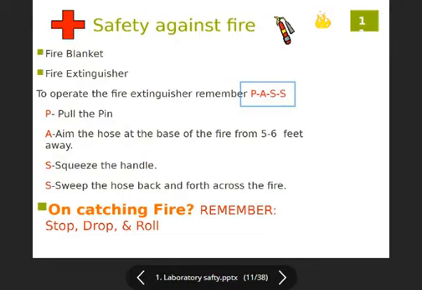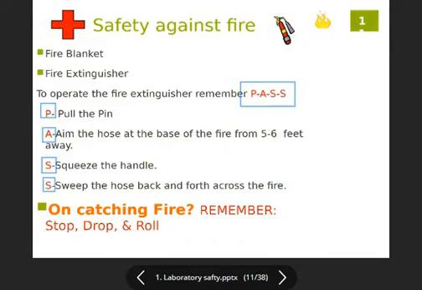P means you will pull the pin. A means you will aim at the fire, the base of the fire. Then you will squeeze. What is the meaning of squeeze? Press. And then you will cover the fire all around with this. So this is the method when there is a fire in the lab.